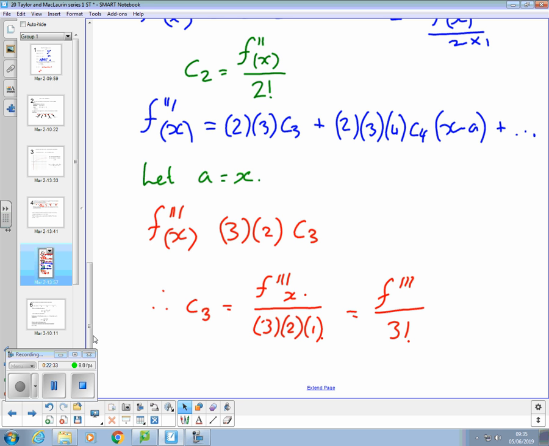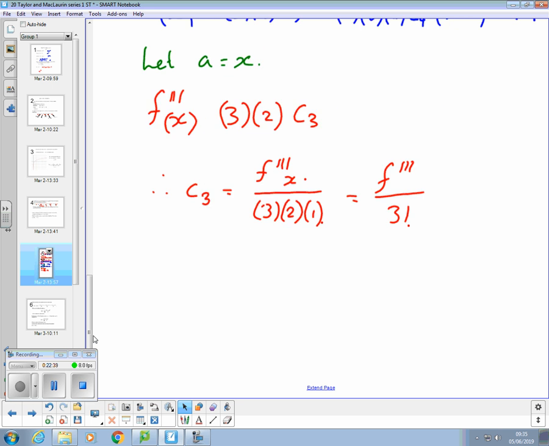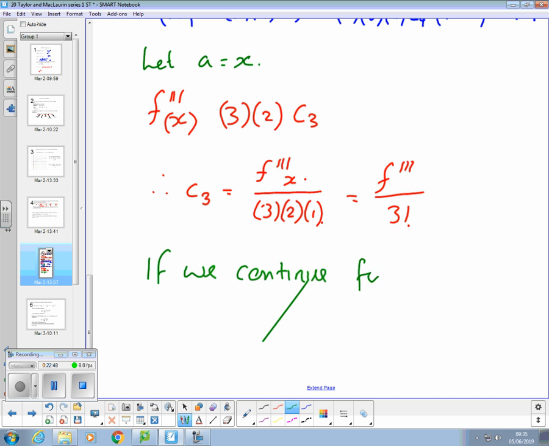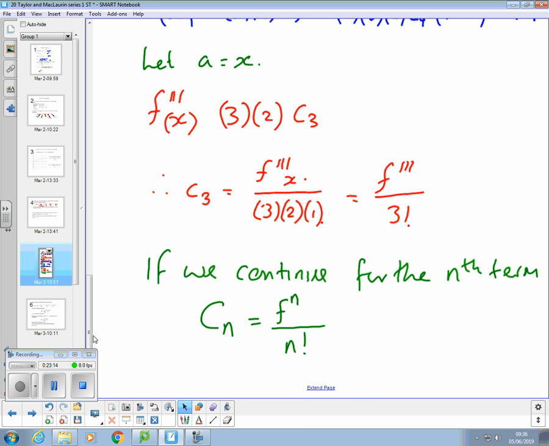Can you see now that if we carried on, there's a pattern to this on the end here, in that we continue on to the nth term.